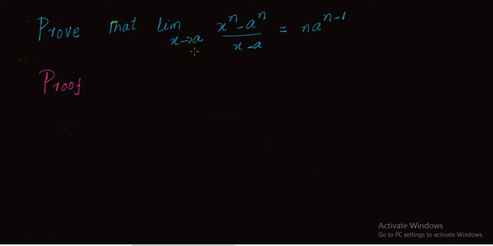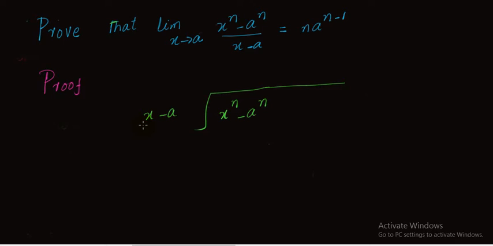To prove this limit, first we use the long division method to solve this fraction, that is x^n - a^n, and we divide it by x - a.